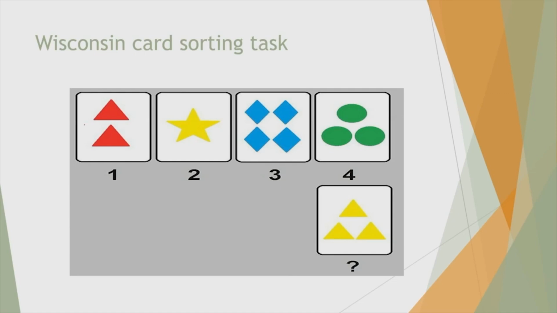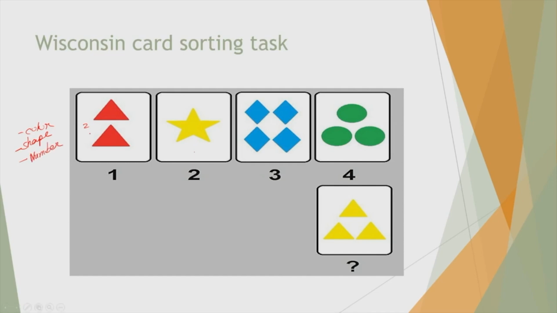So, here there are 2 and this is red, and these are triangles, this is a star and so on and so forth. The cards in this particular set are different in terms of 3 different variables: color, shape and number.